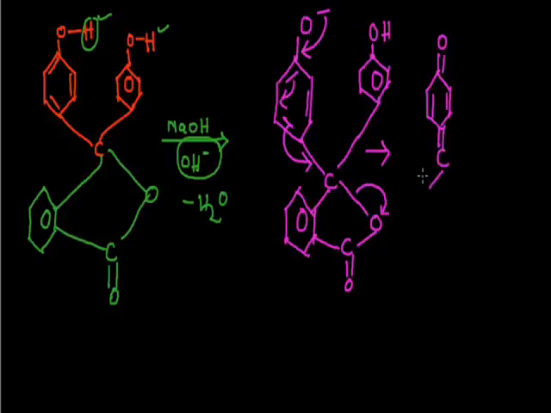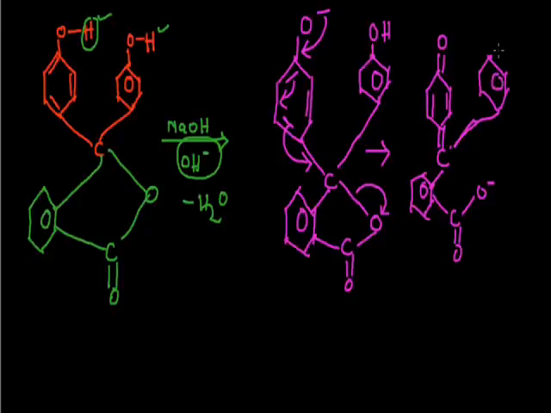Now on this side the structure remains intact, so this is the C double bond O, and here the negative charge comes on the oxygen atom and the ring is broken up. Now on this side, the ring pattern of this one is, here is the OH. So when we add NaOH or any base to the phenolphthalein, then the structure turns to this.